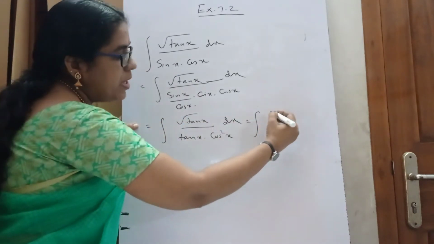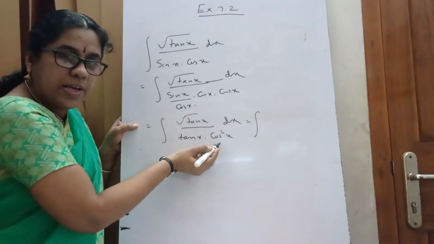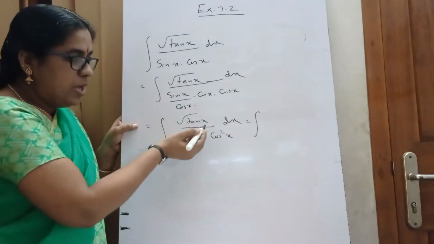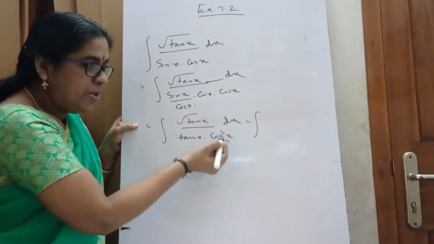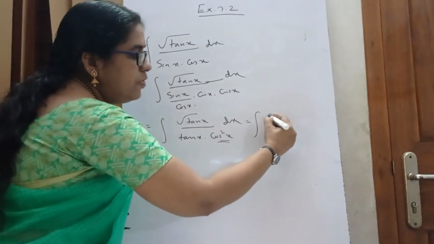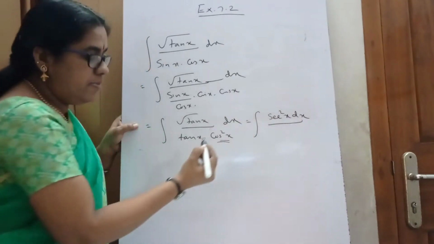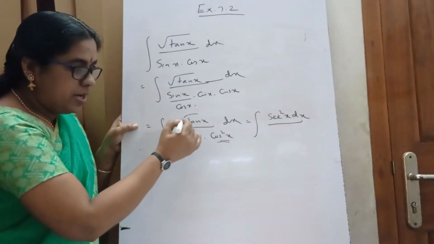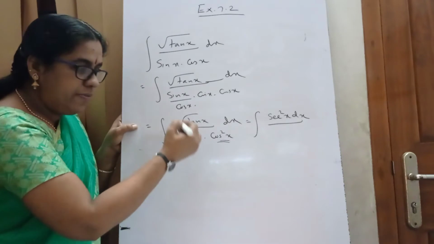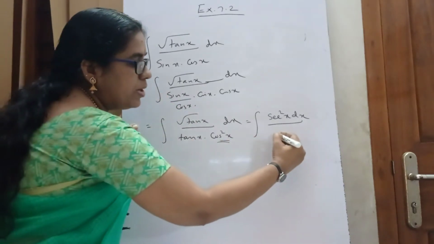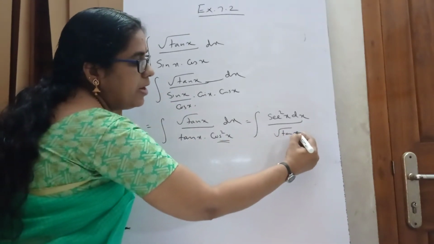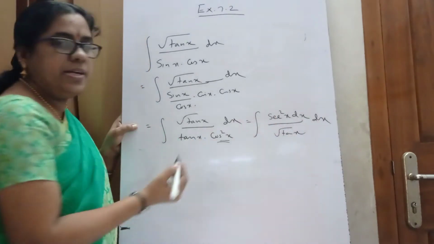You will get 1 by cos square x, we can write it as sec square x. Therefore, the function becomes integral sec square x dx divided by root tan x and tan x. We can cancel one root tan x, root tan x will come in the denominator, root tan x dx.